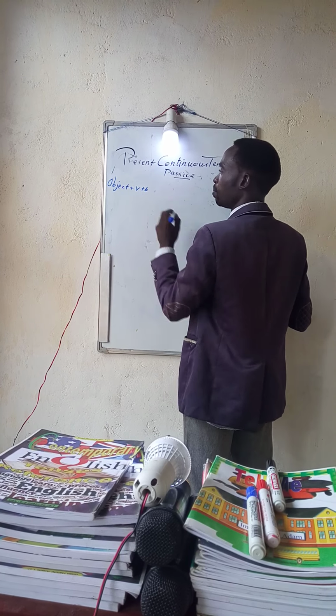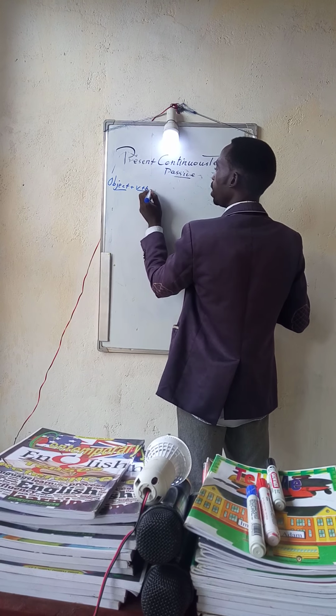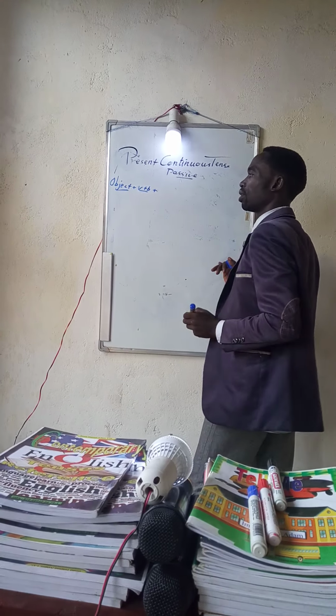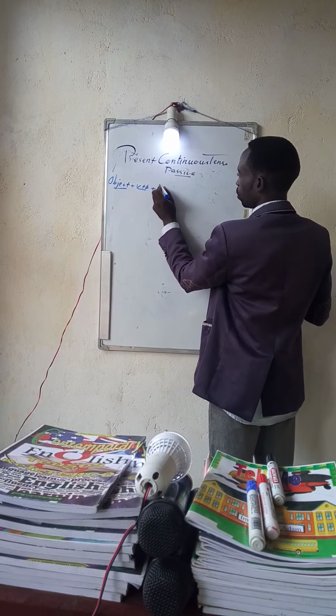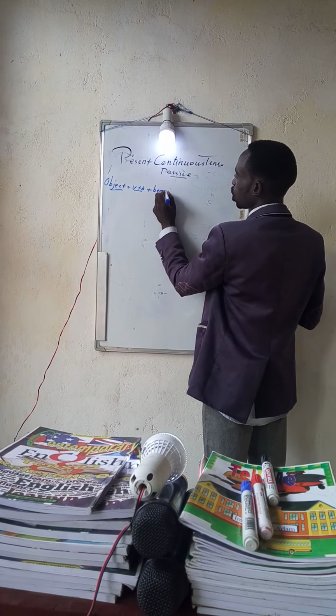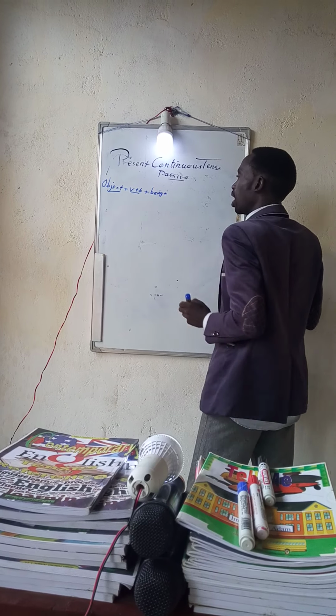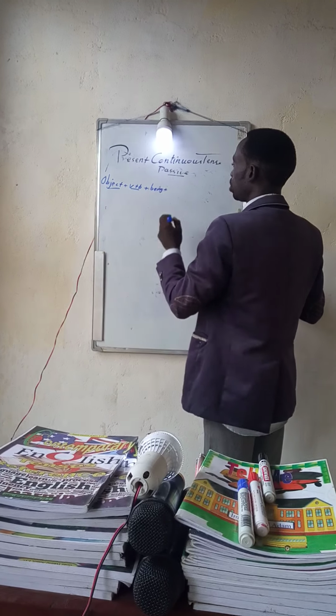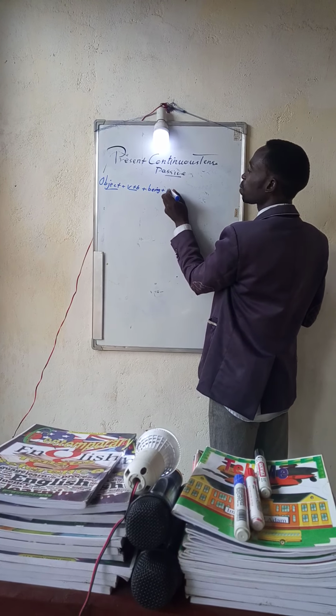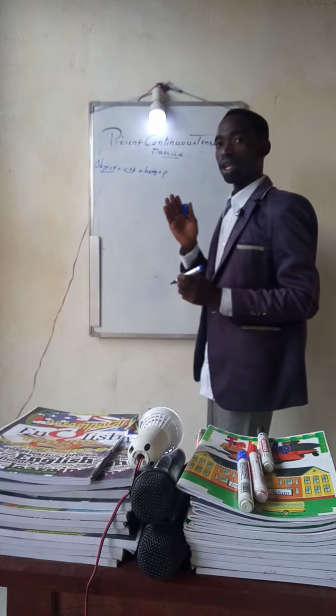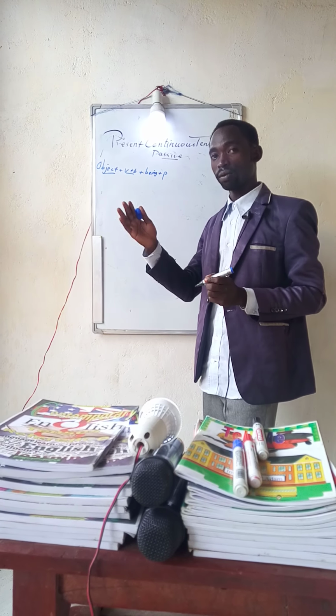VTB is verb to be. Plus being. Being is also a helping verb. And after being you have past participle. Understand? Past participle. Don't forget.